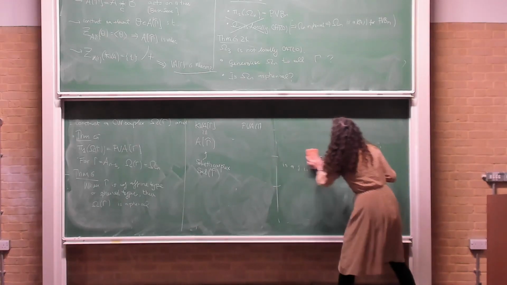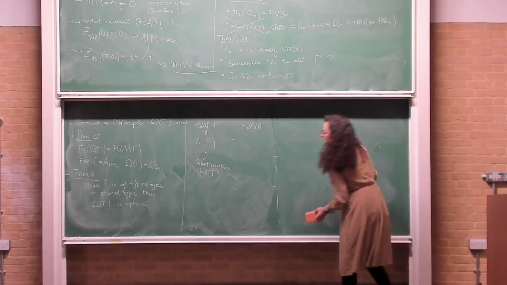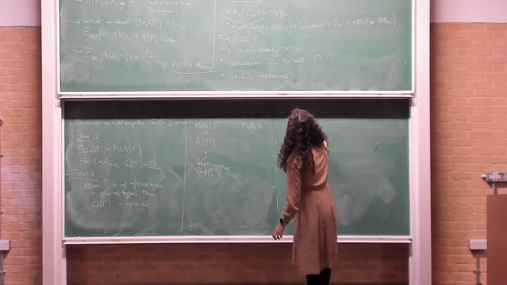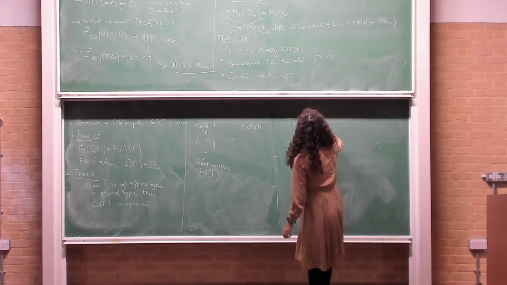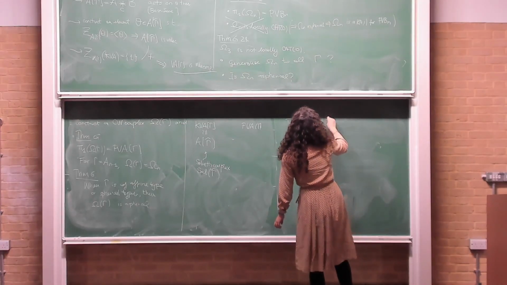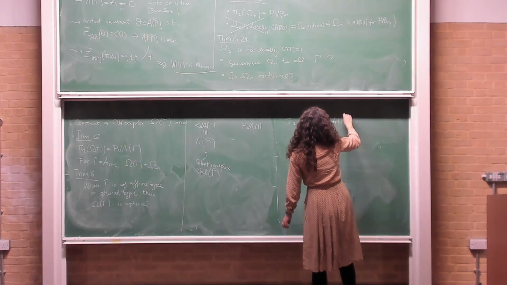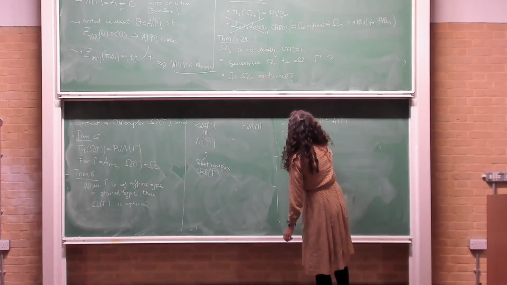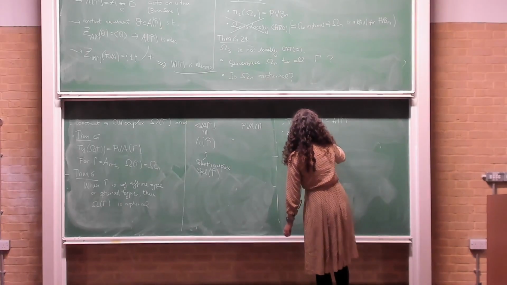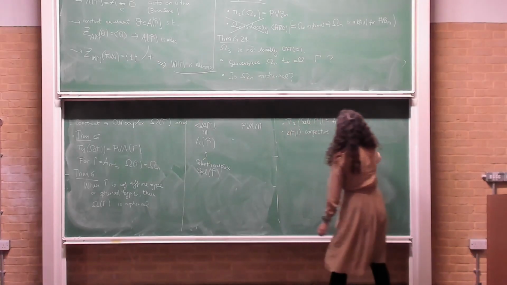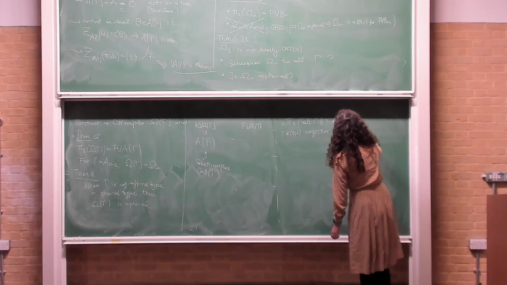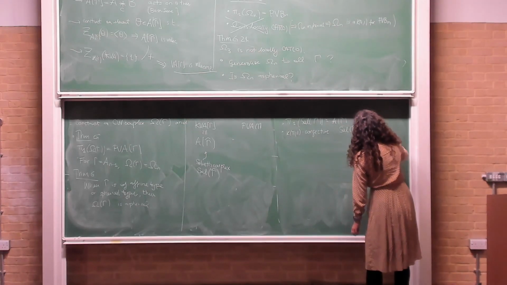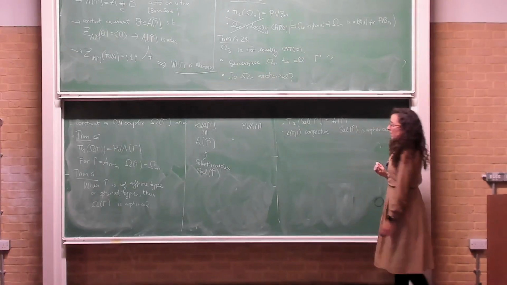So the K(pi,1) conjecture says that the Salvetti complex, so we know that this Salvetti complex has the good fundamental group. So we know that the fundamental group of the Salvetti complex is always the associated Artin group. The K(pi,1) conjecture states that the Salvetti complex is aspherical, and so it is a classifying space.